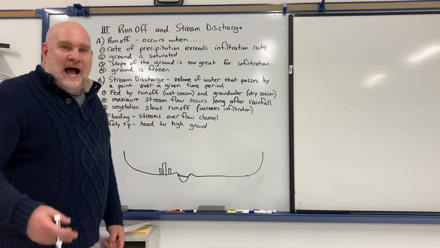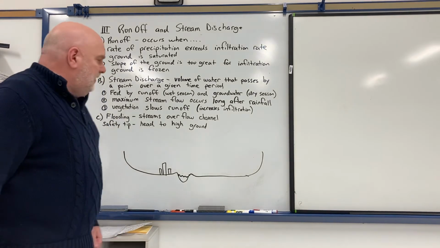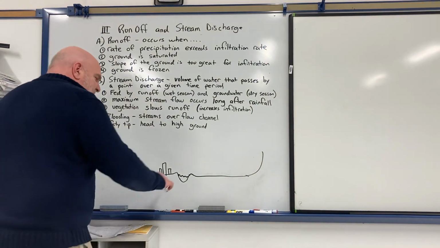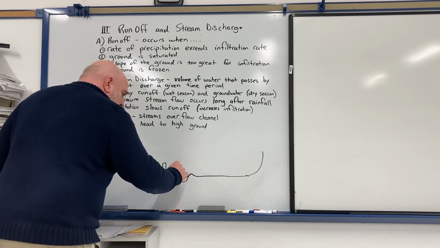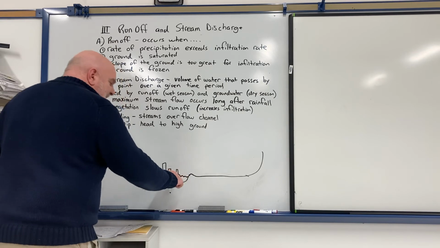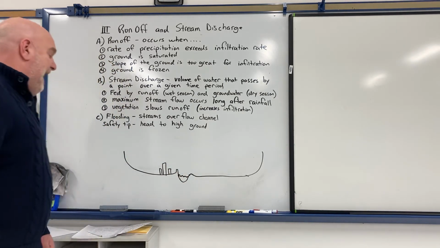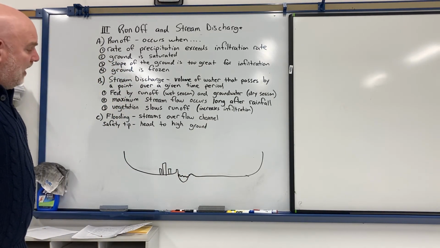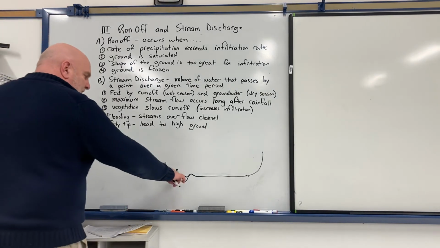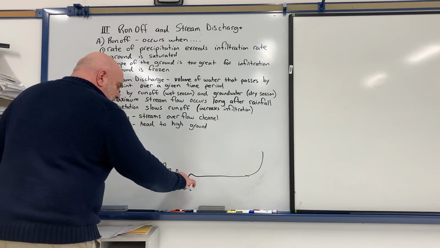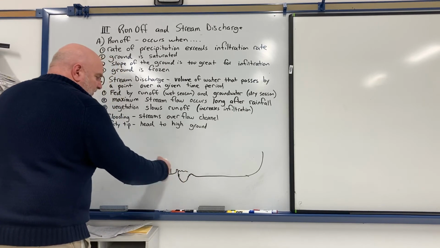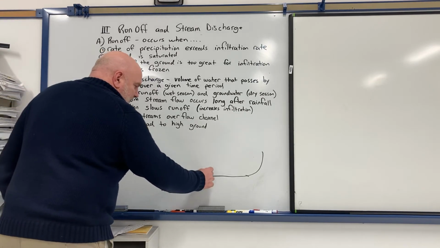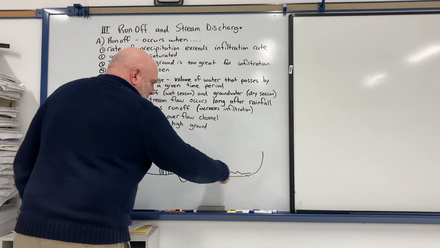All right, so obviously they don't want the city to flood. So what they do is they'll build artificial levees. So they'll make the side of the stream higher like that. So now, if the level of the water here gets high, let's say the level of the water here got this high, it won't flood this way, it'll flood over there.